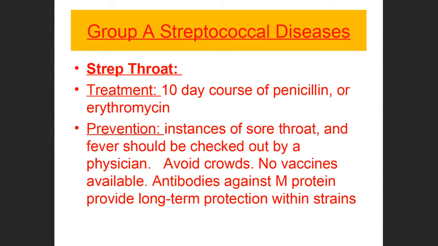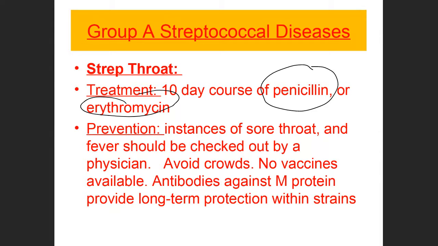So those are the downsides or the upsides from our point of view. Also, the organism has remained, thankfully, very sensitive to antibiotics. This is one of the few organisms that is still sensitive to penicillin, or erythromycin for that matter. However, it's still a very virulent organism.